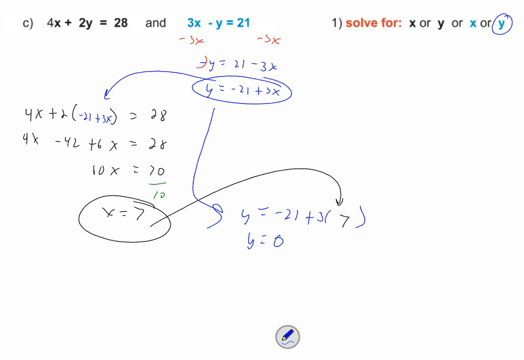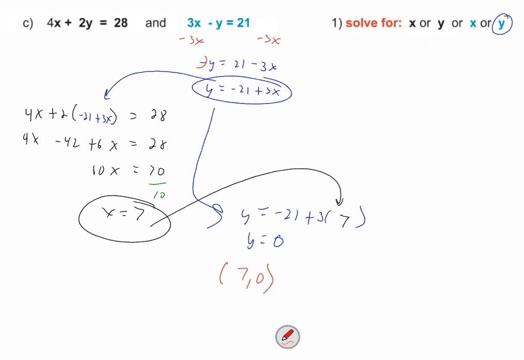You could get a 0 in the beginning and use the 0. You can get it later. And I'm sure everybody wrote their final answer as the point of intersection of 7, 0. How many got that correct at the end? Very good then.